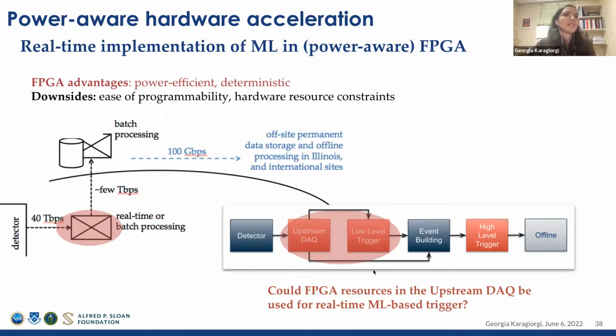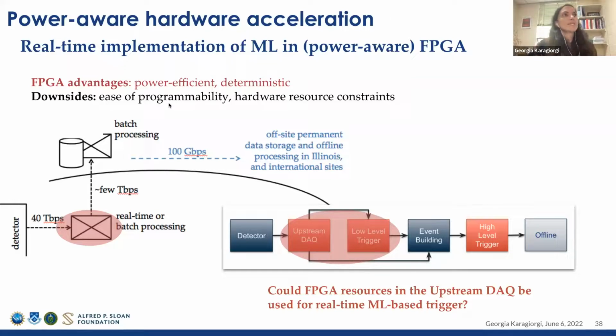The advantage of using these FPGA resources is that FPGAs, in comparison to CPUs or GPUs, are much more power efficient, and they're also deterministic in the execution of logic and in how long it might take to reach a decision. The downsides are that they're not so easy to program or reprogram.